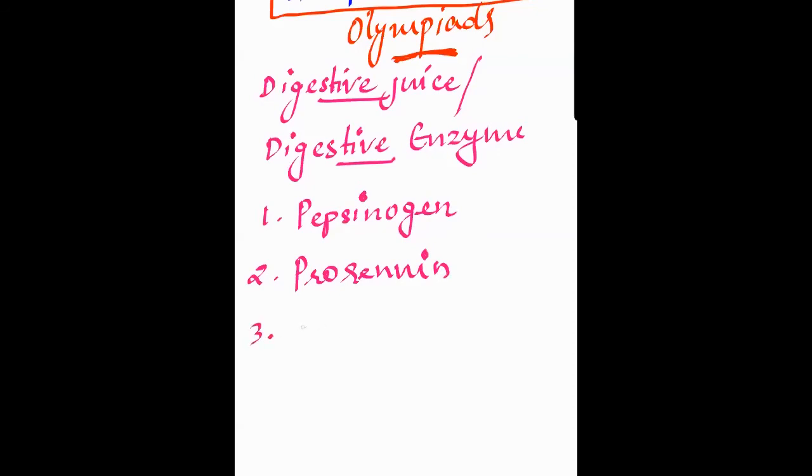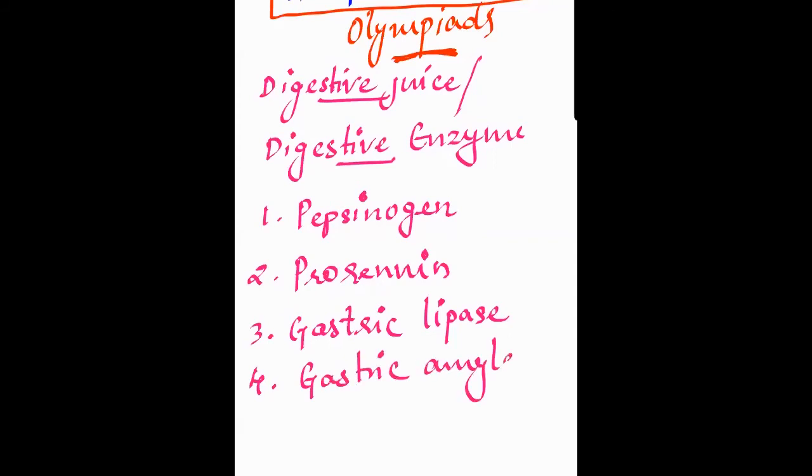Then the third one will be gastric lipase. Gastric means stomach, lipase means lipid digesting enzyme. Fourth one, gastric amylase. Gastric means stomach, amylase means carbohydrate digesting enzyme.